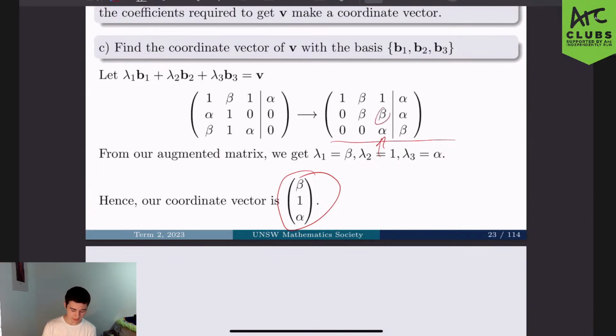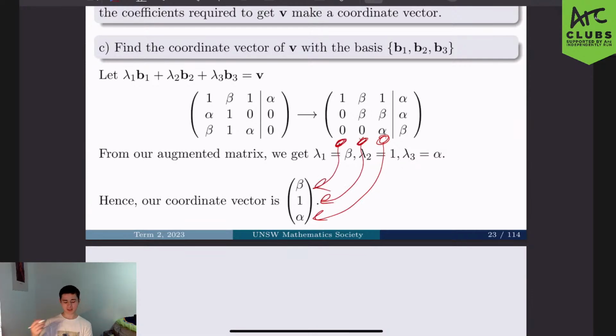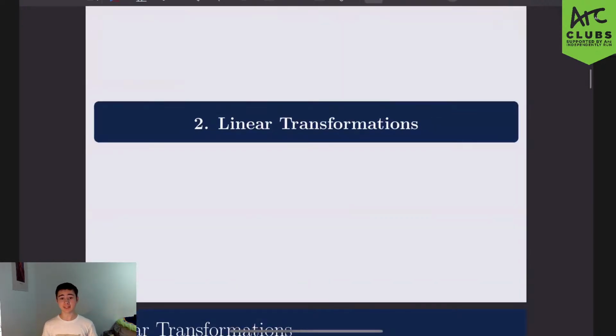We see that then using more multiplication and just really just solving the matrix, we get our coordinate vector, which is going to be beta, 1, and alpha, yeah? So the solution to this goes in our third place, solution to this goes in our second place, solution to this goes in our first place, okay? And there we have it. We have finished the question. We're very happy, we've gotten it right, and we're just plowing through. And that's it. That is for vector spaces, okay?